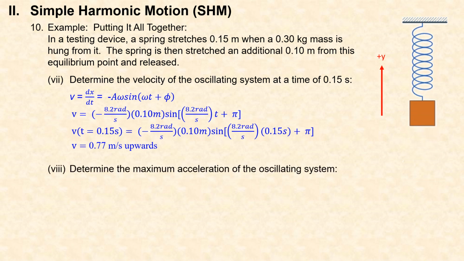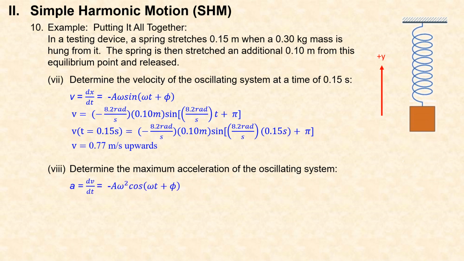Lastly, we're asked to determine the maximum acceleration of the oscillating system. So our general expression for acceleration looks like this: minus A omega squared cos(omega t plus phi). Remember that the cosine function oscillates between 1 and -1, so its maximum value is 1.